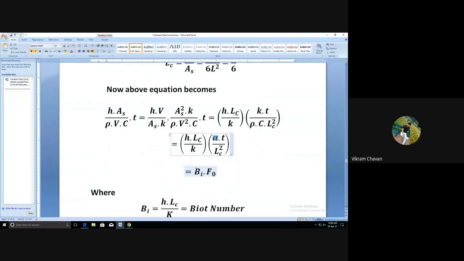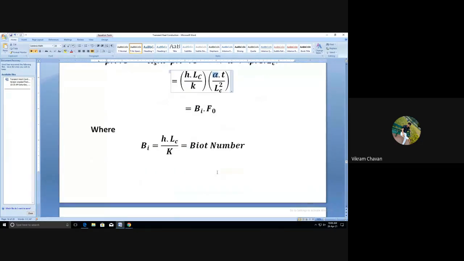Now further, hLc divided by k is nothing but the Biot number, that is Bi, and Fo is nothing but the Fourier number.